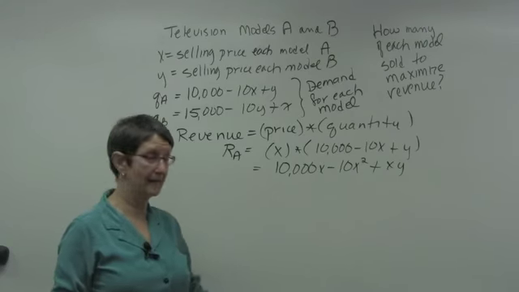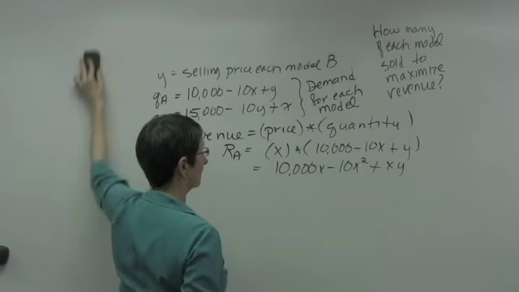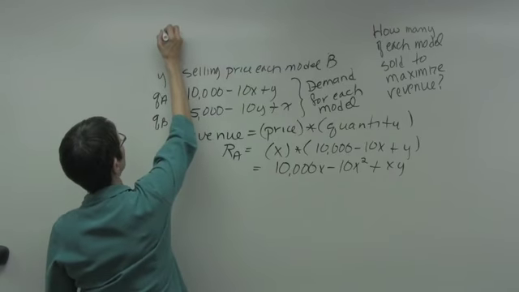That's what I have for Model A. Let's look at what I'm going to have for Model B. I think I'll put my Model A revenue back up here.